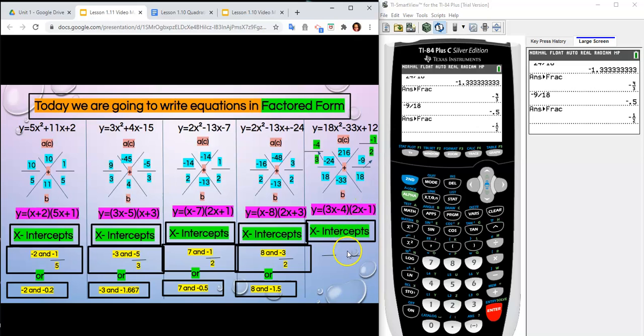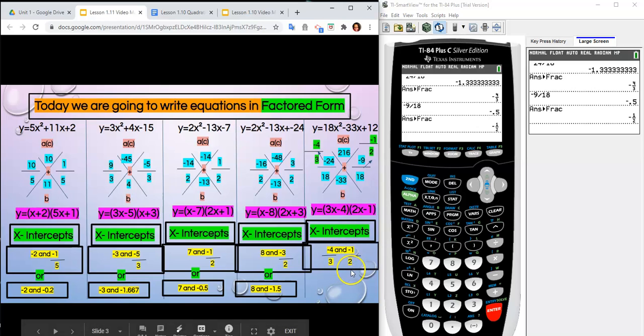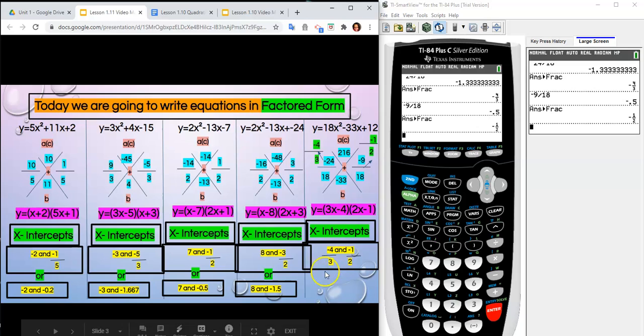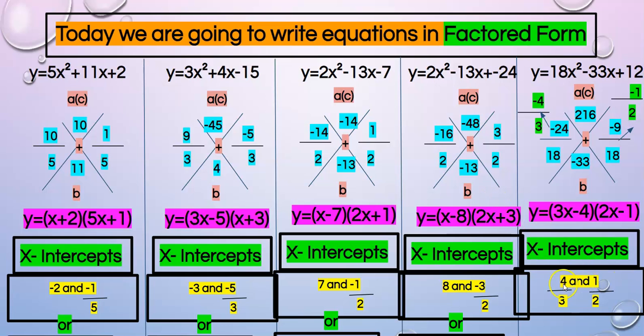Now to determine your x-intercepts, you just write the opposite sign. Actually, I made another mistake again, but these numbers should be positive because the sign in between here is negative, so they have to be the opposite.